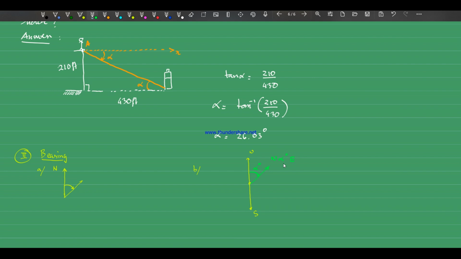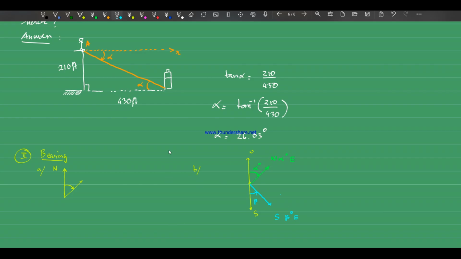Or I can say, using south, this one is south beta degrees east.